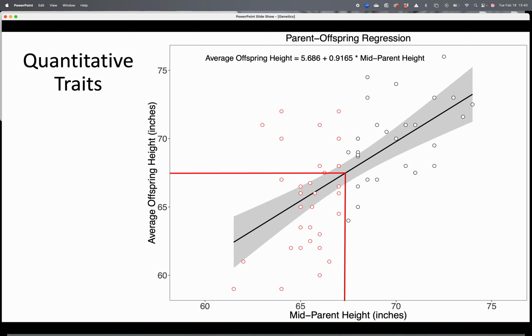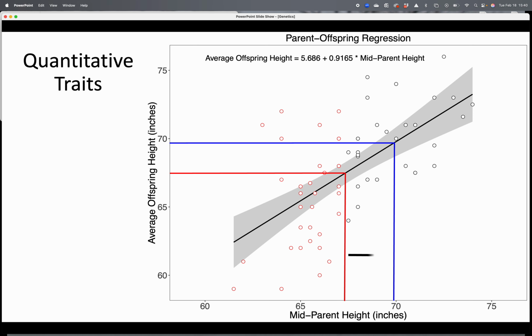But when we prevent those below average height parents from reproducing, that increases the average height of the parental population, and as a result, that would also lead to a concomitant increase in the average offspring height.